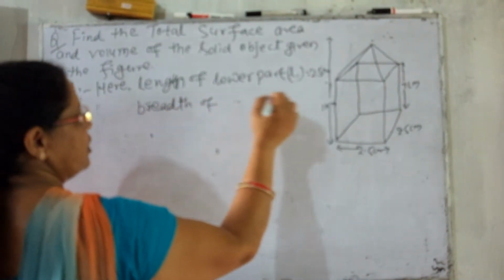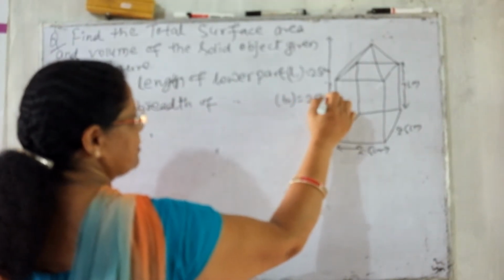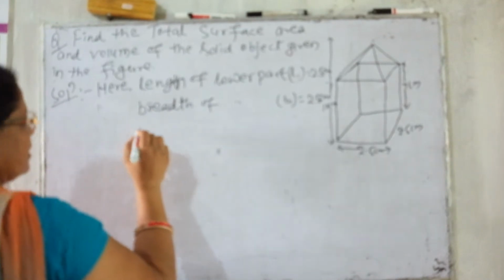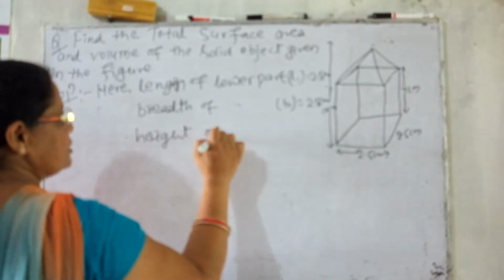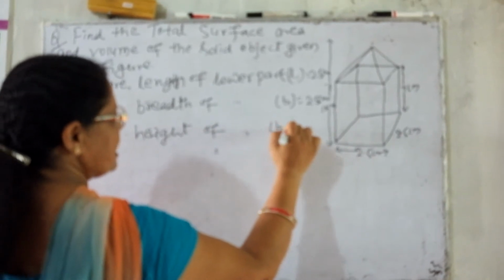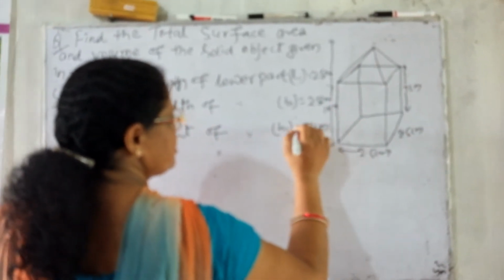Breadth of the lower part, B1, is also 2.5 centimeter, and height of the lower part, H1, equal to 7 centimeter.